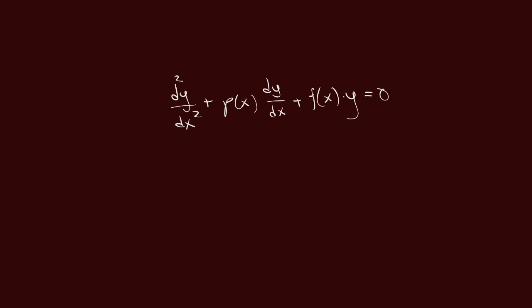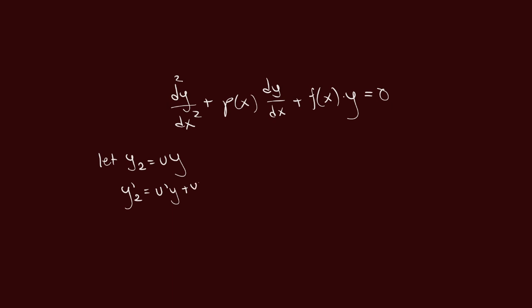What we're going to do is let y2 equal uy. And since we're allowing that, we're going to take the derivative as well. So it'll be u prime y plus u y prime.